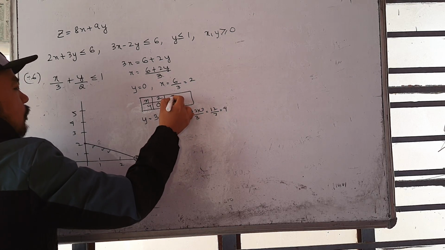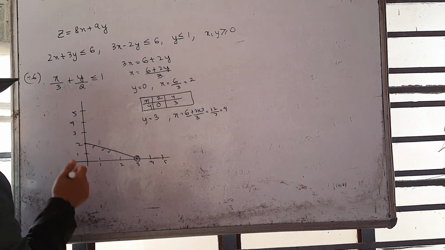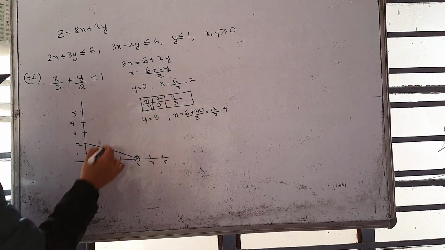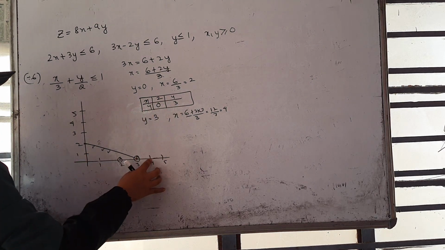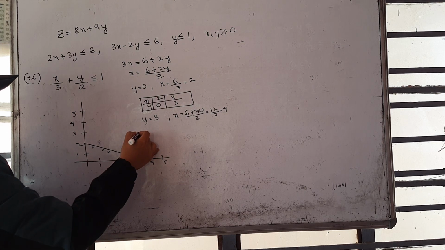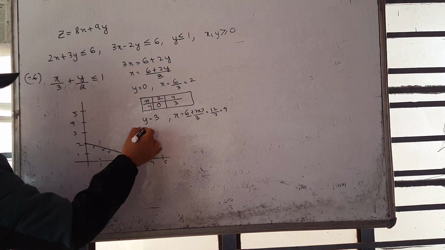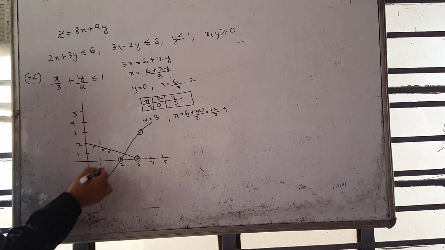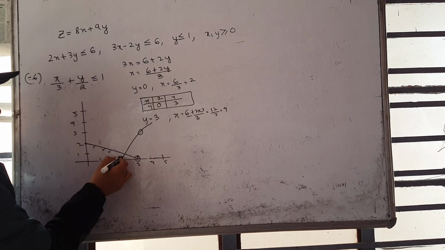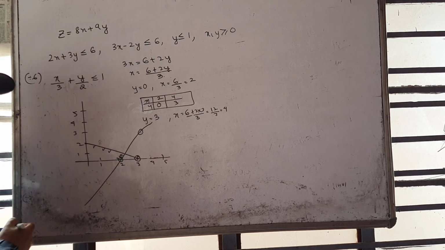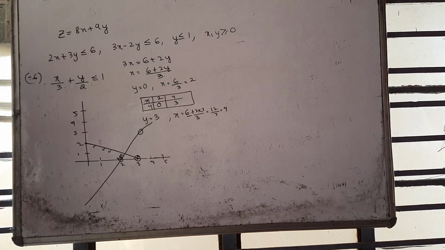So we have x is 2, y is 0, that means this point. Next x is 4, y is 3, that means somewhere out here. Yes, everyone? So just draw a line. So what does it say, inside or outside? Inside or outside? That means you can see this region being made. Yes or no?